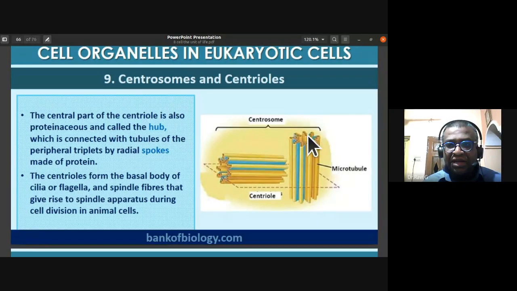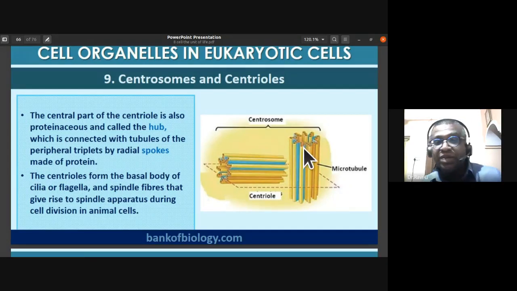Similarly, even here, the hub is connected to the peripheral triplets by radial spokes. This radial spoke is also made up of protein.